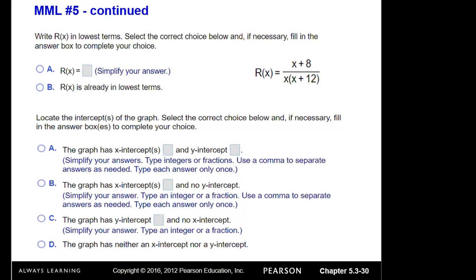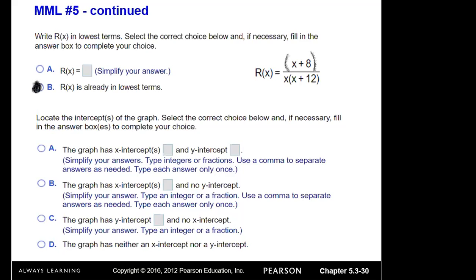No. I can only cancel an x plus 12 with another x plus 12. And you cannot cancel the x with the x in the x plus 8. It's all or nothing. You either cancel an entire x plus 8 or you don't. If it helps, put this in parentheses so you don't accidentally cancel those x's, because you can't. So this one's already in lowest terms. Can't do anything with it.